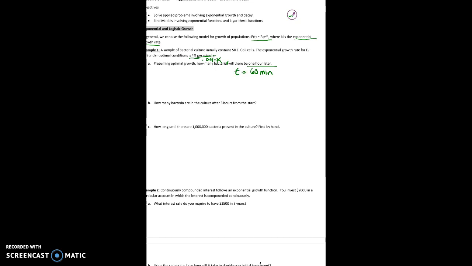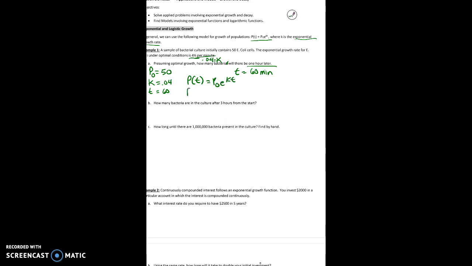Our initial amount of bacteria is 50 cells, and we already said that our K value is 0.04, and now we know our T value is 60, because 60 minutes. So we can just go ahead and plug this into the formula. P of t equals P sub 0 e to the kt.